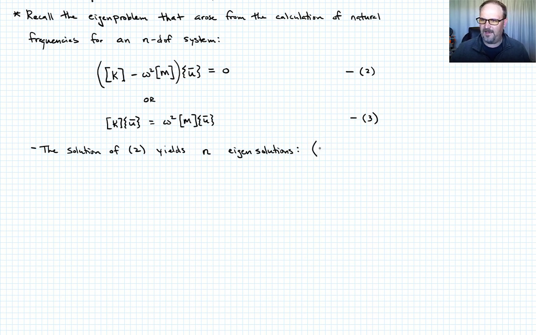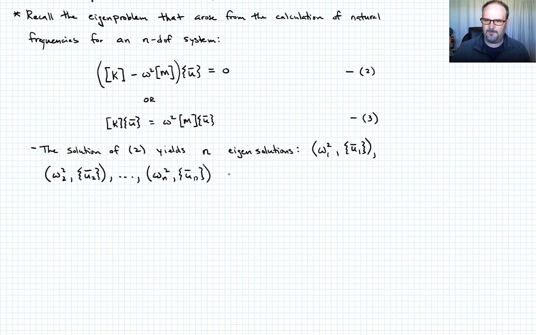We would have omega 1 squared as our eigenvalue and u bar 1 as the corresponding eigenvector. Then the next, omega 2 squared and a corresponding eigenvector u bar 2, and so on up to n of these, so omega n squared and then u bar n. Okay?